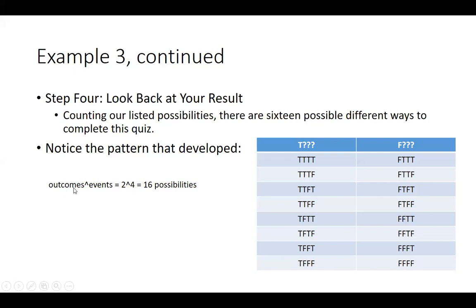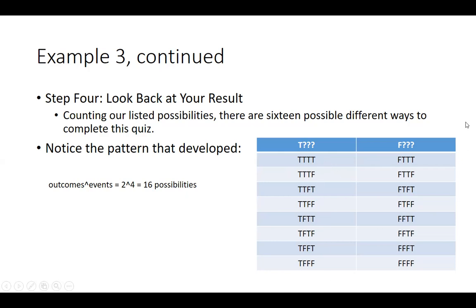The number of outcomes raised to the number of events: the 2 outcomes, true, false, raised to the 4 questions, 2 to the 4th, would be 16. And here are 16 possibilities that we came up with. So it's actually possible, first, to come up with the number of possibilities there are, and then this wonderful pattern.